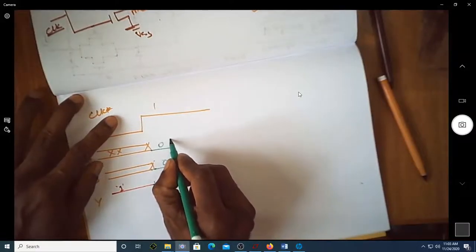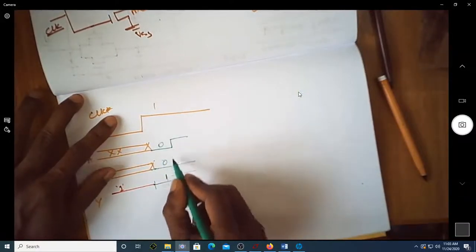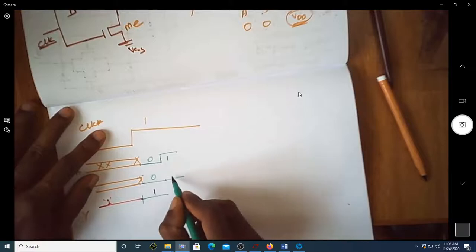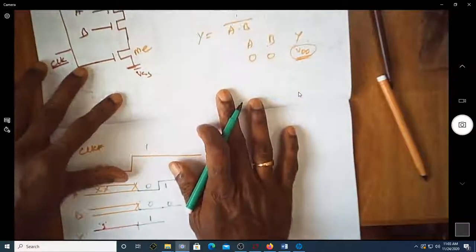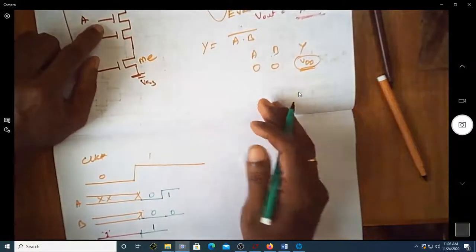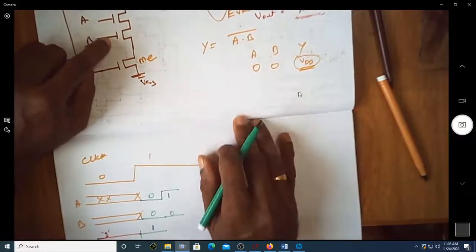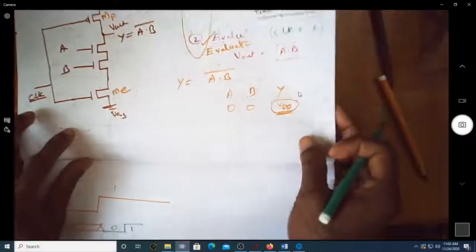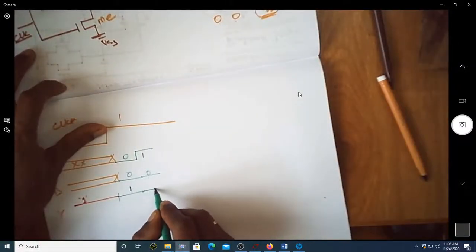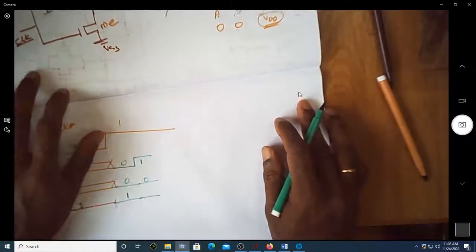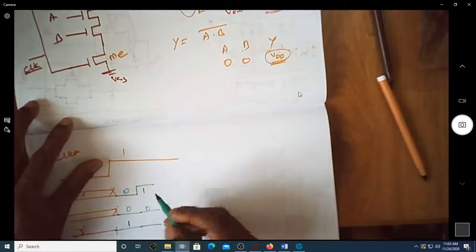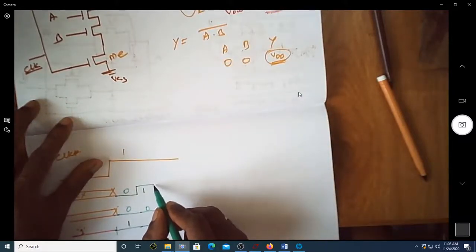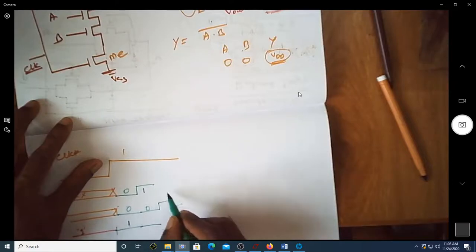Suppose you make this 1 and this continues to be 0. Even though this is 1, this is 0, because only A is 1. Since one transistor is off, there is no path for discharging. This remains at 1. Then suppose you make this also 1, so this is 1 1.